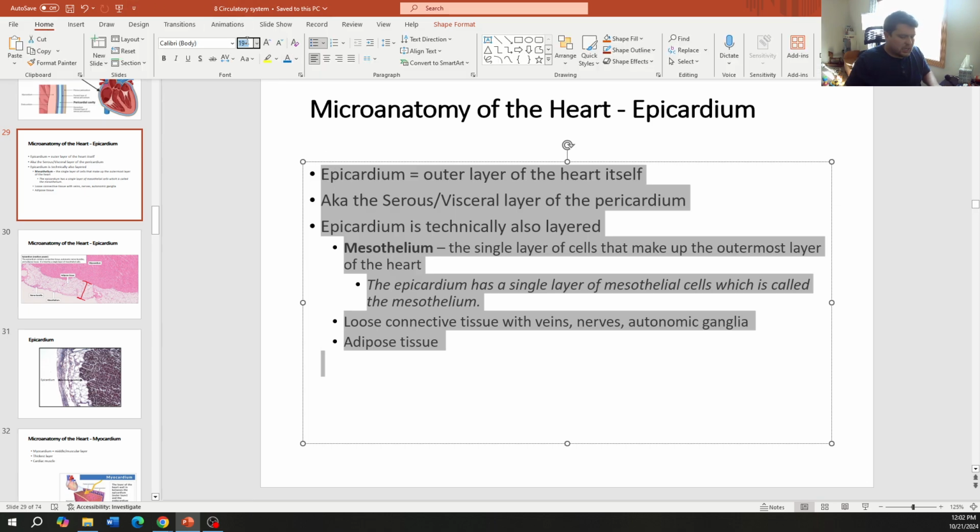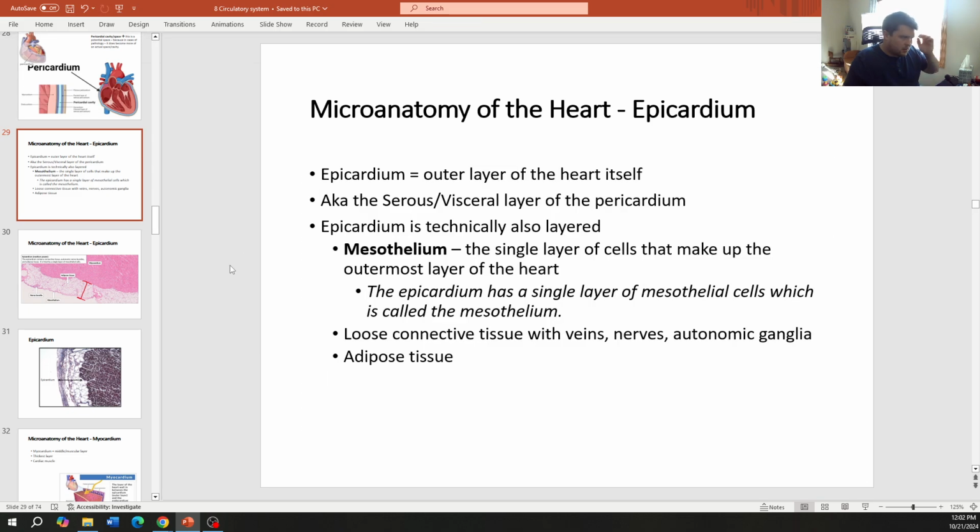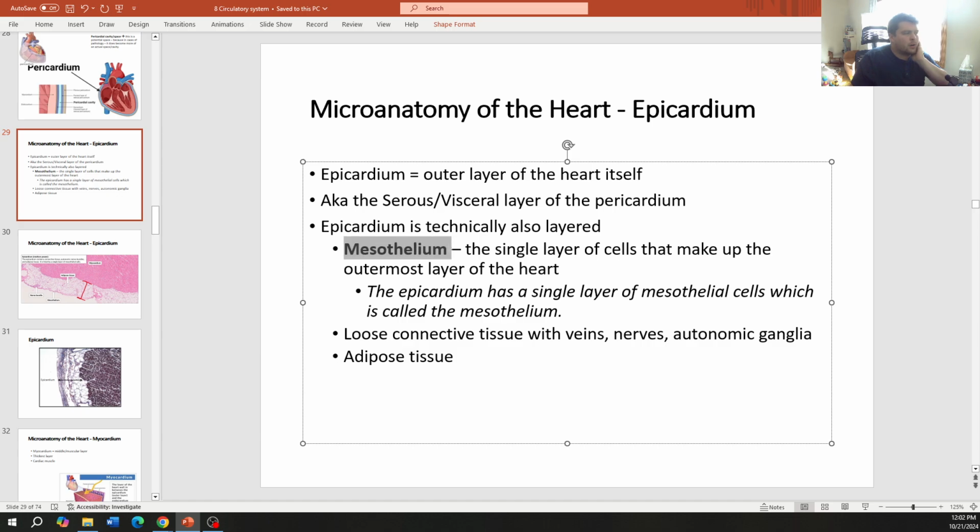So I'm going to clarify a little bit more what I said. Technically, you can separate these as different layers. We mostly associate epicardium with mesothelium because the other chunks of it can be either thicker or thinner, depending on where you look. So mostly mesothelium with epicardium.